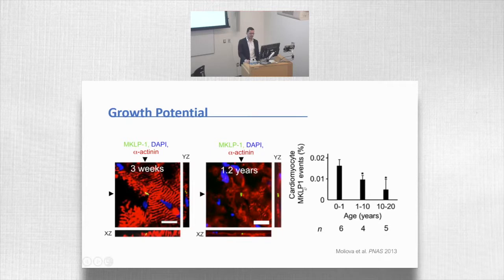You may say, well, 0.01% or 0.02% cardiomyocyte events in a growing myocardium is not really much, but it's more than what we see in adults. Studies have shown that once they reach 20 years or older, there's rarely any cardiomyocyte differentiation anymore. And we can exploit that potential eventually.